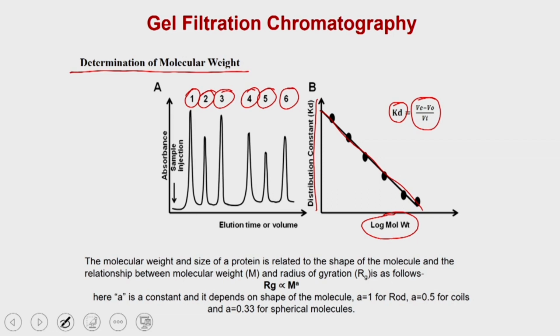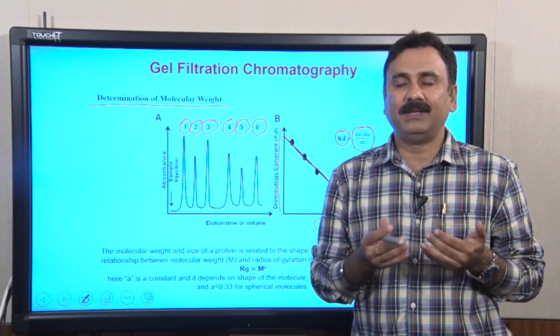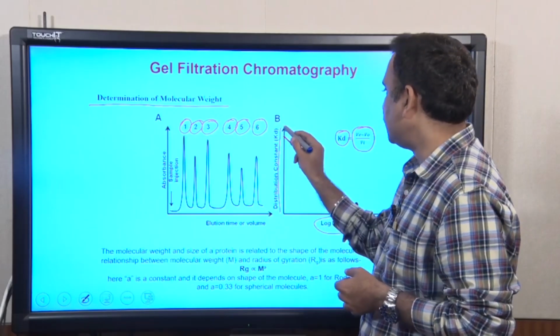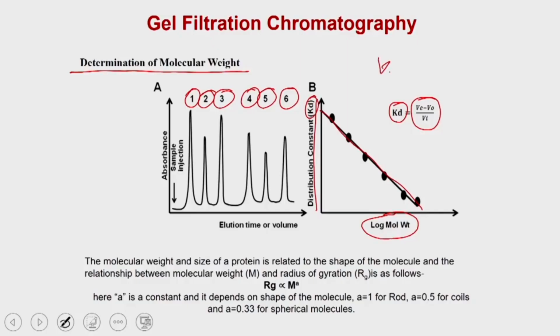So, you can run the unknown substance along with these under identical conditions, calculate the distribution coefficient Kd for the sample whose molecular weight you want to know, and then use this calibration curve to calculate the molecular weight.